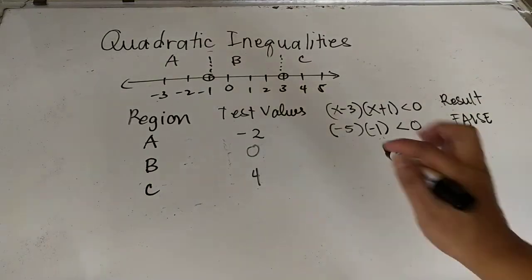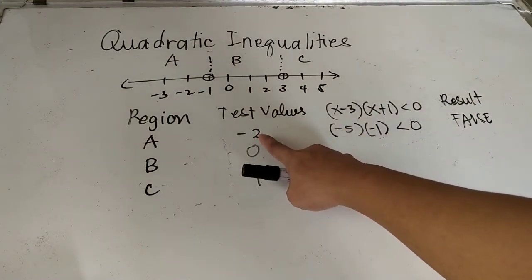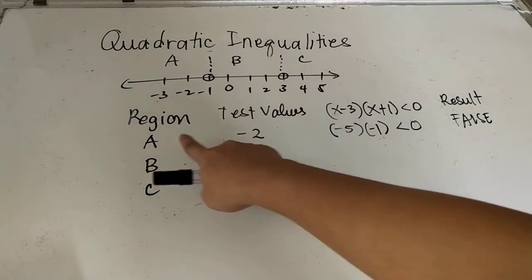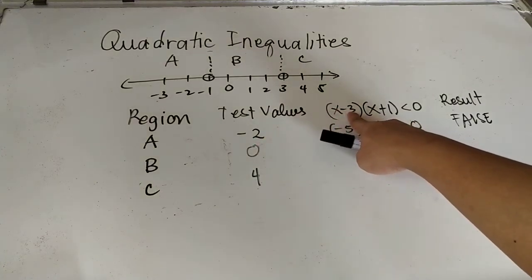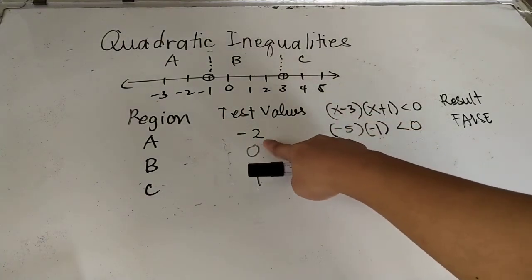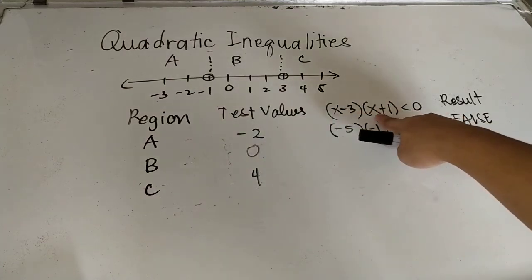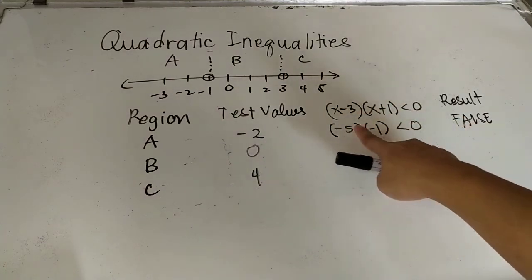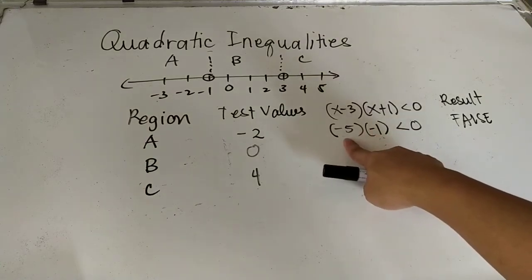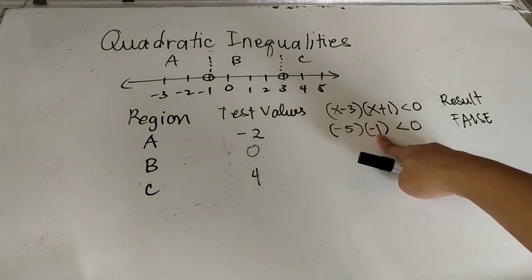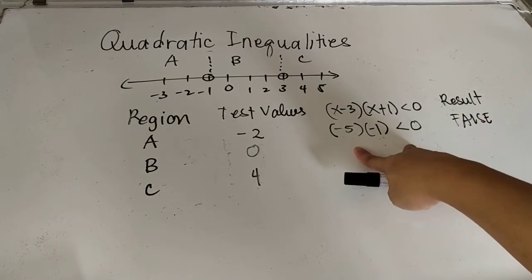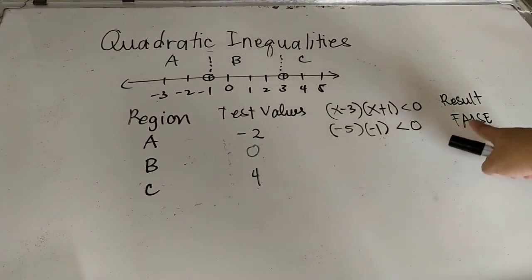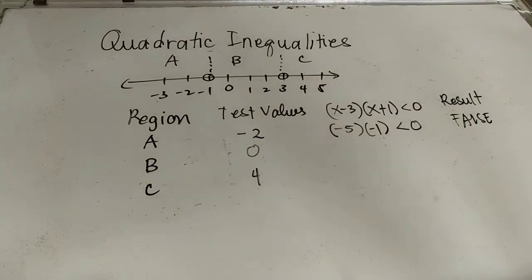Ulitin ko, ang value ng x natin is negative 2, yun yung kinuha nating test value for region A. So, negative 2 minus 3 is negative 5. Negative 2 plus 1 is negative 1. So, negative 5 times negative 1 is positive 5, less than 0. Mali yun. Positive 5 is not less than 0. Thus, ang result natin will be false.